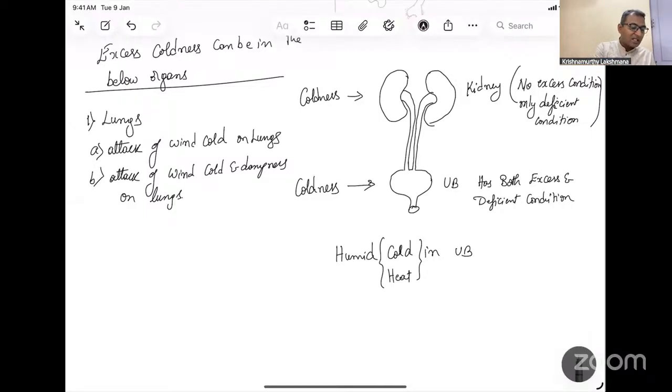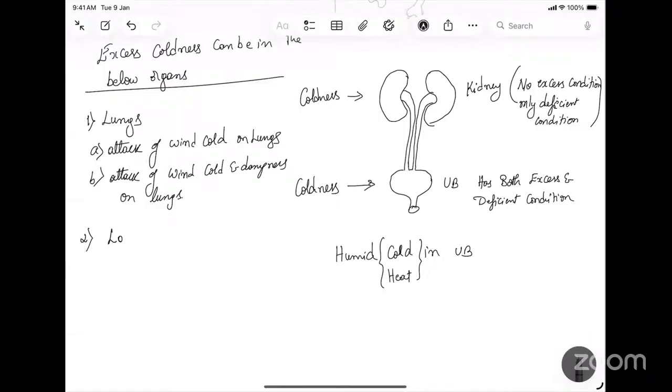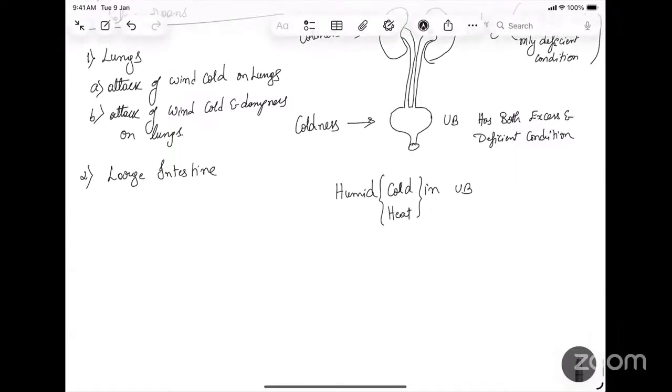And in the large intestine, is there any possibility? Humid cold, I think. If large intestine humid coldness is given, there is large intestine coldness, but it is under deficient condition, but I'll write it. Okay, large intestine coldness.